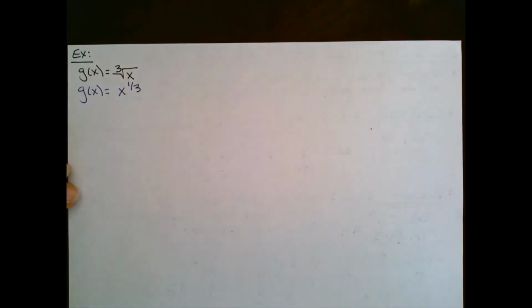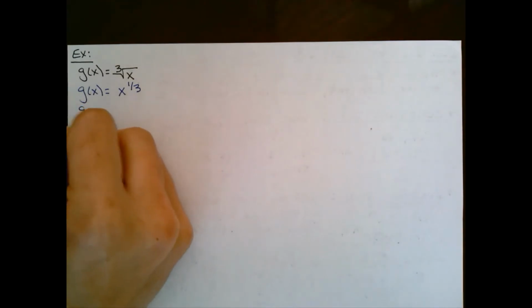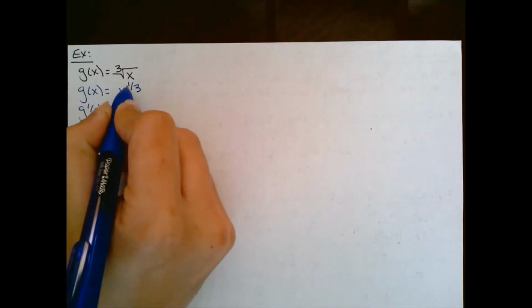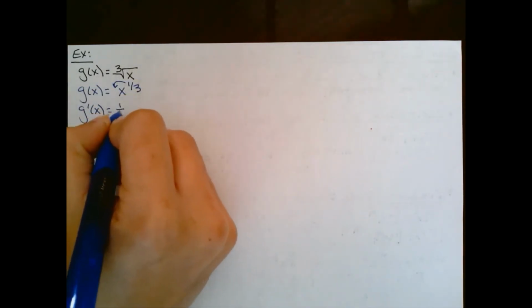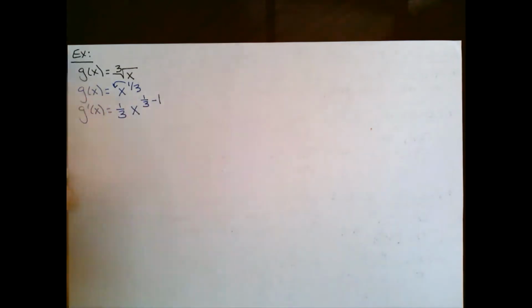Okay, now that I have it as a fractional exponent, I'm allowed to use power rule. Okay, so now that I'm going to do the actual derivative, I'm going to write g prime of x. So step 1 is to multiply that to the front. So I'm going to say 1/3 times x raised to 1/3 minus 1.